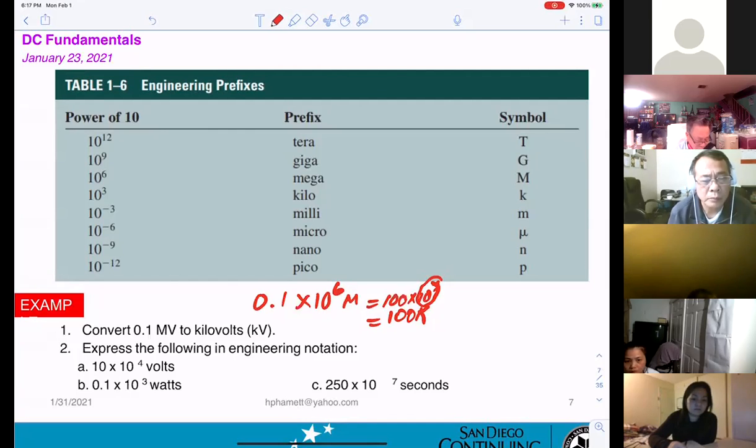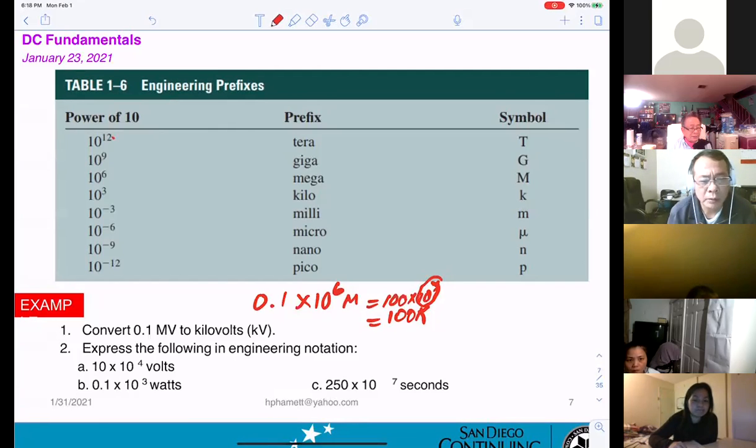Who knows how to do it? If you look at the engineering notation, you can see the powers are 12, 9, 6, 3, minus 3, minus 6, minus 9, minus 12. But there is no power 4.